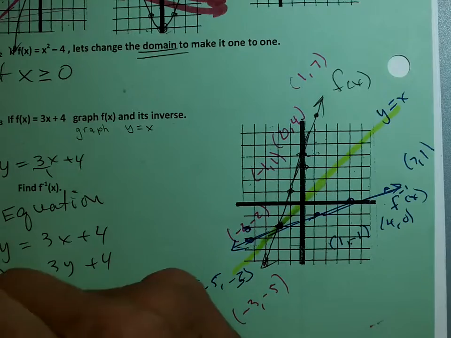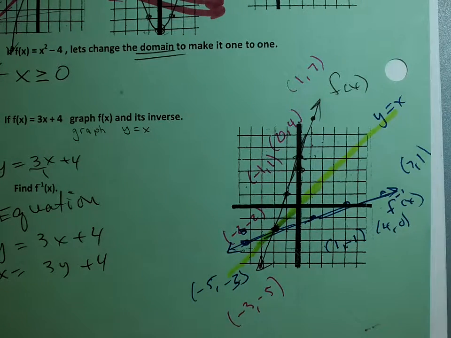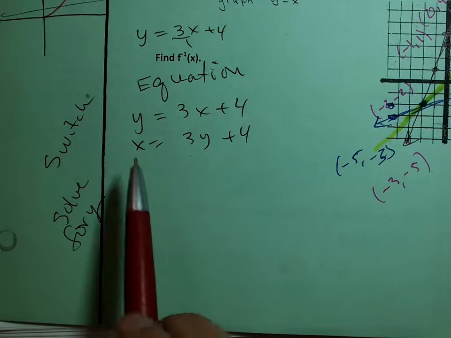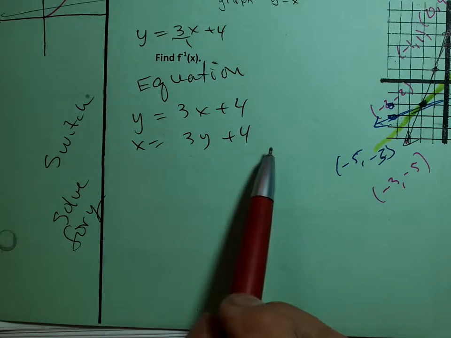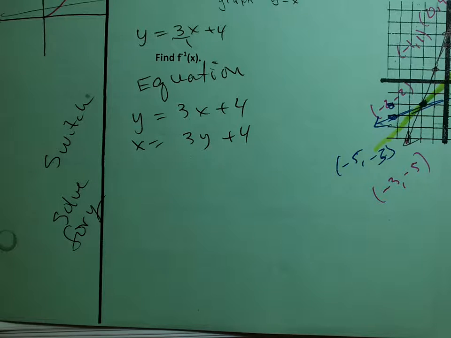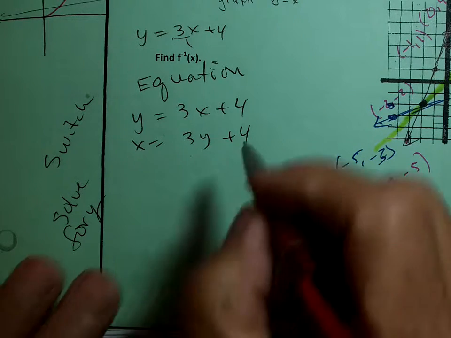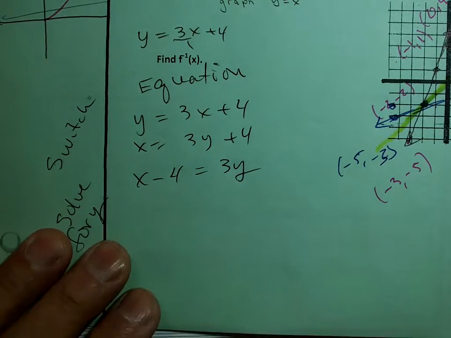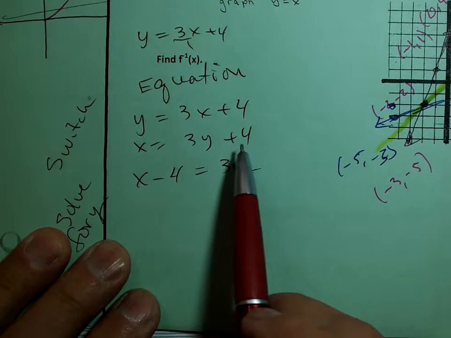Solve for y. So switch, we made it x equals 3y plus 4, right? We switched x and y. So what we're doing is switching all of the x's and all of the y's, because x and y represent all of them, right? So let's solve. Bring over the 4. Subtract 4 from both sides.